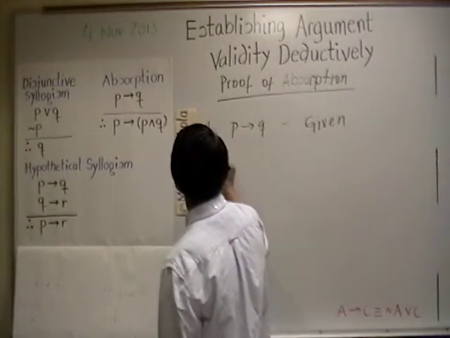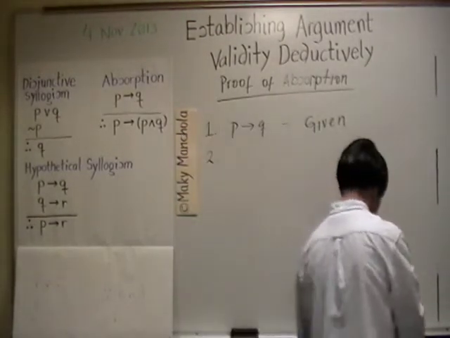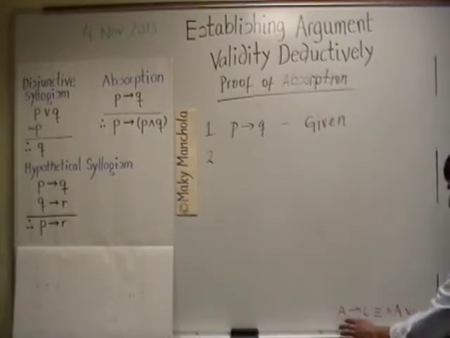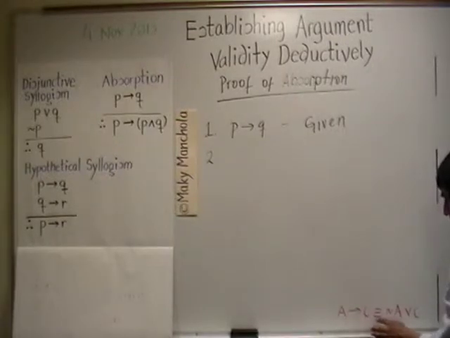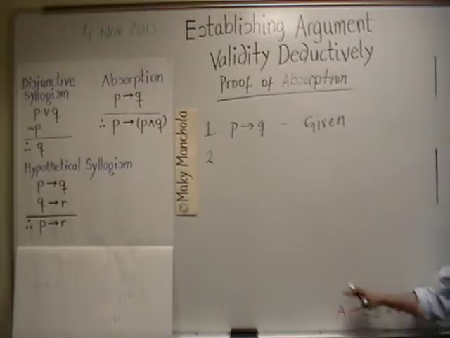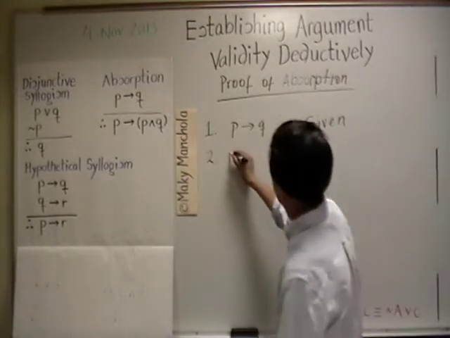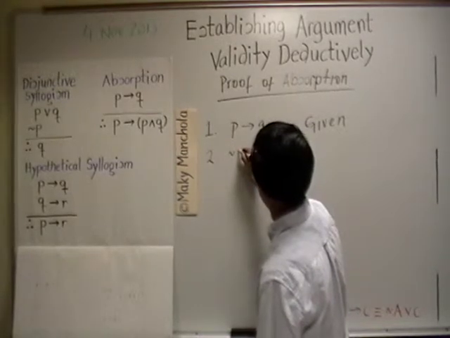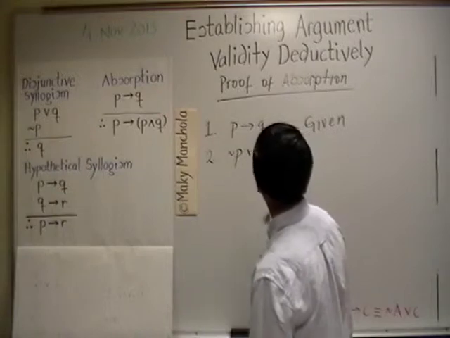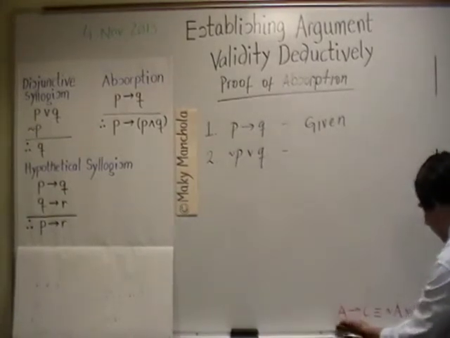What can we say here? Well, we have a logic identity that says that A implies C is logically equivalent to the negation of A or C. We're going to apply this identity. In this case, of course, we're going to write negation of P or Q. Justification, well, we have that identity.